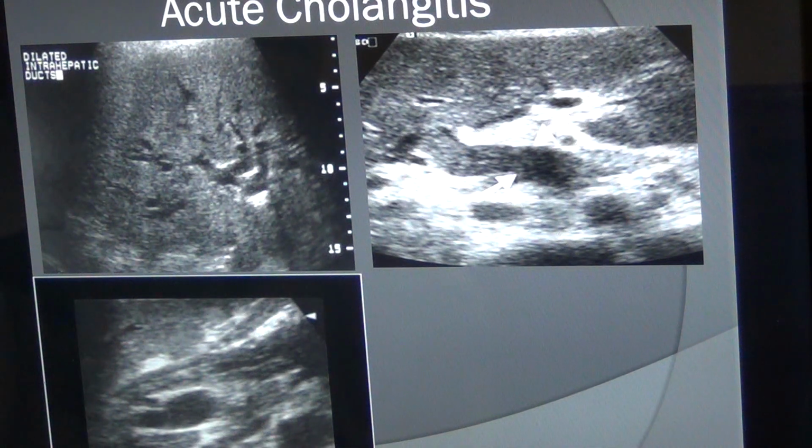Along with that, pancreatic ducts are dilated too. So in that way, you can figure out where the obstruction is.